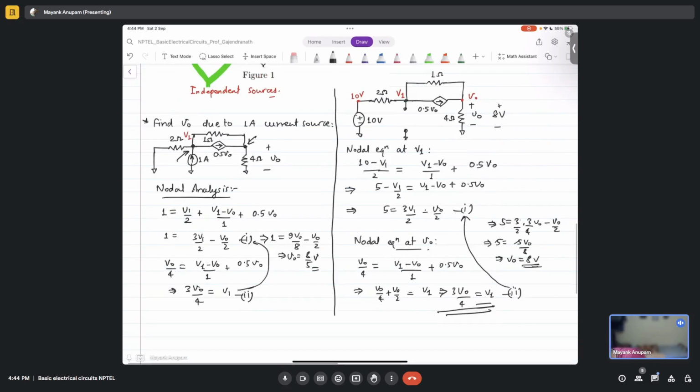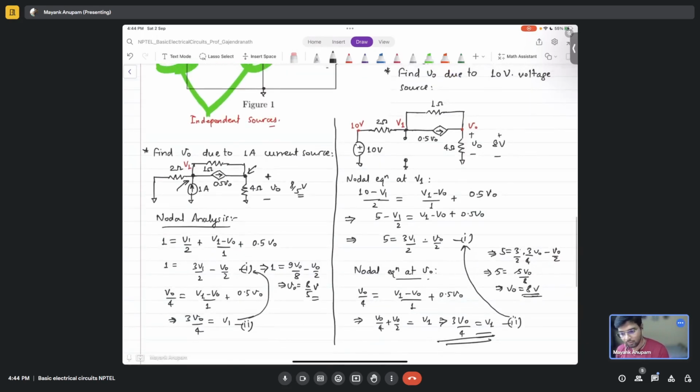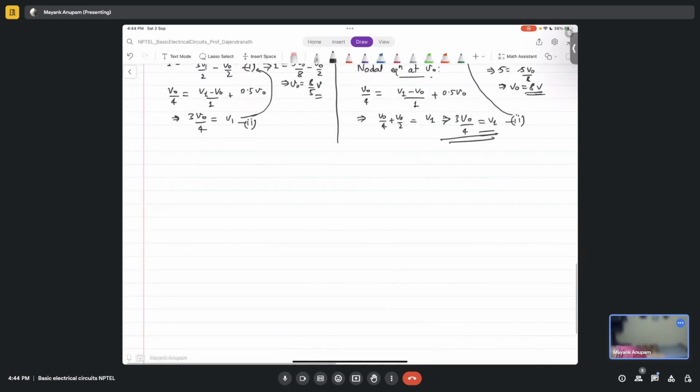And the polarity is the same, right? 8 by 5 volts. So what will be the net voltage V0? It will be the sum, right? So net voltage V0 is equal to 8 volts plus 8 by 5 volts, right?